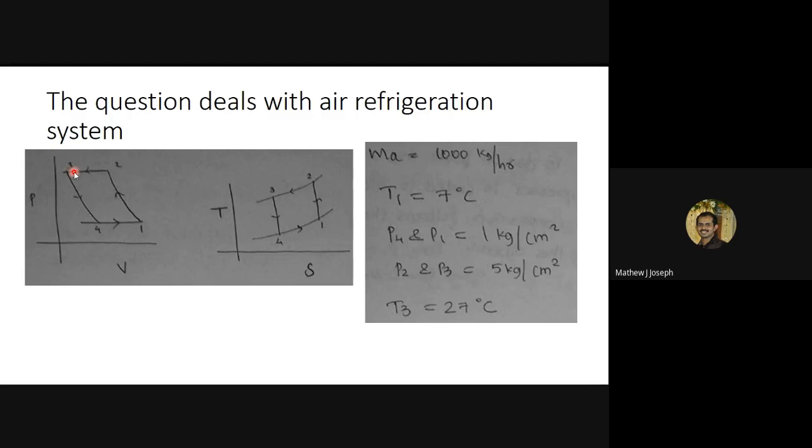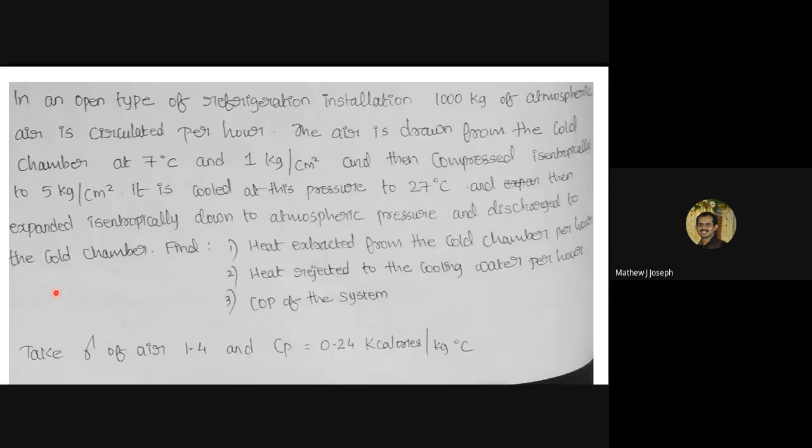It is cooled down to 27 degrees Celsius, means after this constant pressure heat rejection, the air will be cooled down to T3, or T3 is nothing but 27 degrees Celsius. T3 will be nothing but 27 degrees Celsius. So again, we are continuing reading our question.